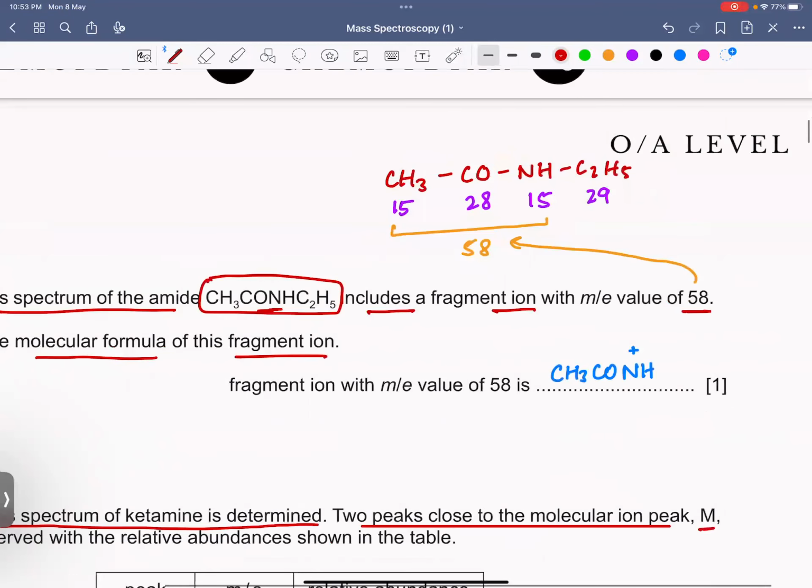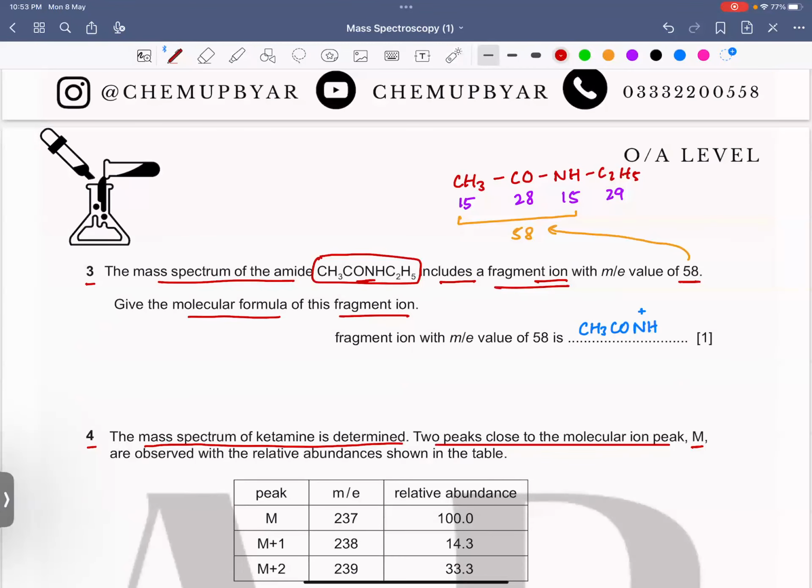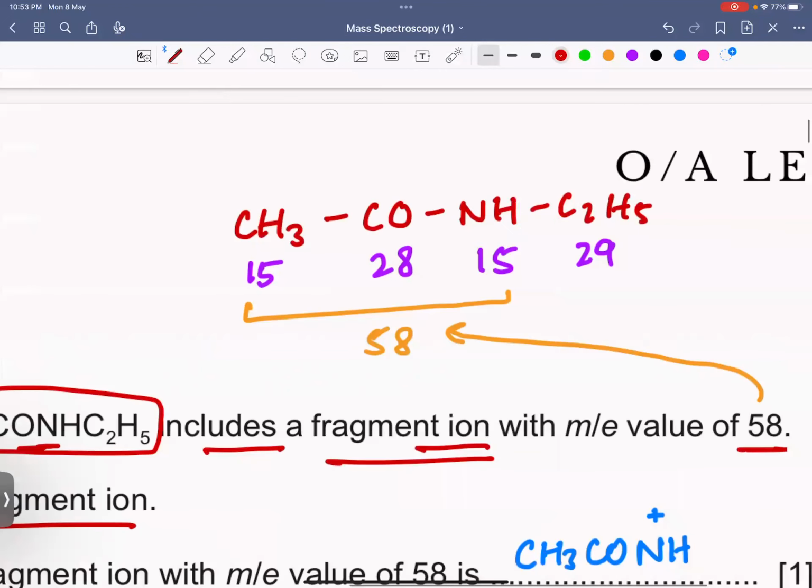See, it's a fragment ion, right? And if you look at this molecule, from where it is being broken down, it would be broken down from here. So it means this must get the positive charge.